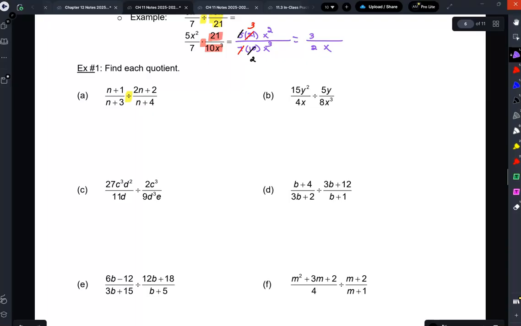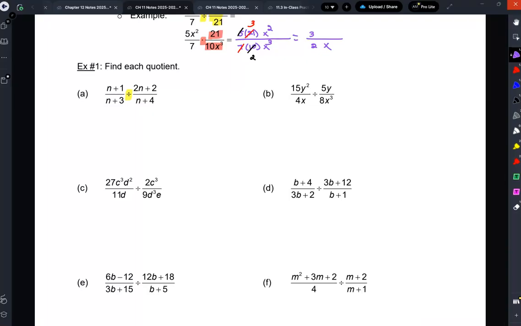So I need to do n plus 1 over n plus 3, in parentheses, of course, times n plus 4, 2n plus 2. Which one of these is possible to factor? There's one. 2n plus 2. So let's factor that.